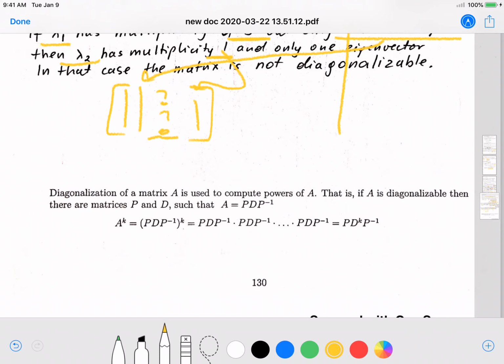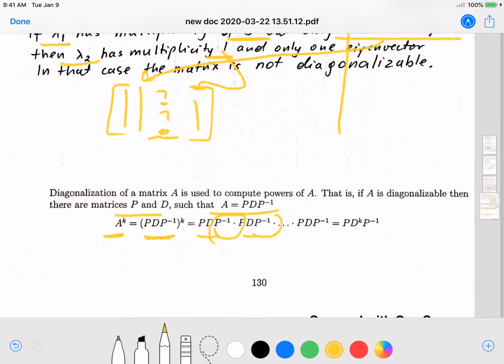And diagonalization of a matrix is used to compute powers. That is, if A is diagonalizable, then there are matrices P and D such that A is equal to this. If I compute powers, I would repeat it, and then the P inverse and P give the identity.